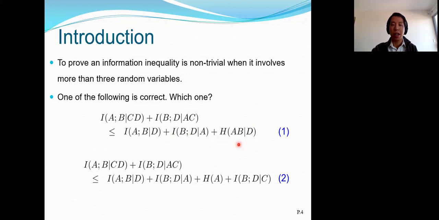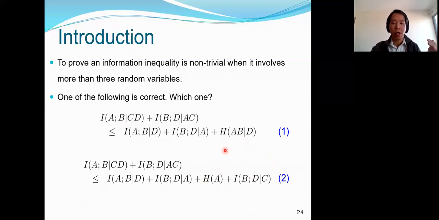Especially when we want to derive a result for a system, we want to model it, and then we want to prove an inequality. Actually, we may not be sure which inequality we want to prove at the beginning. Just like this example here, at the beginning, maybe we believe the first 4 terms are something like this, but for the last part, we may try maybe this conditional entropy or maybe some other terms, we don't know.